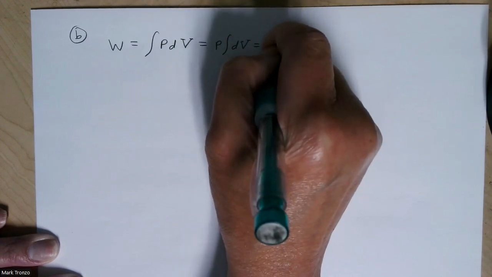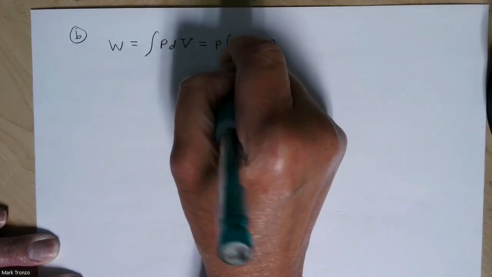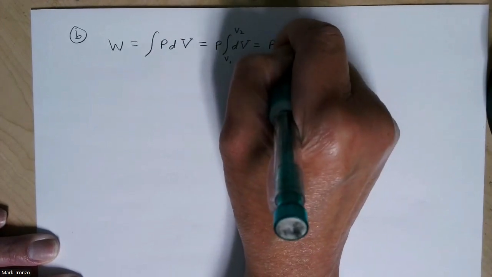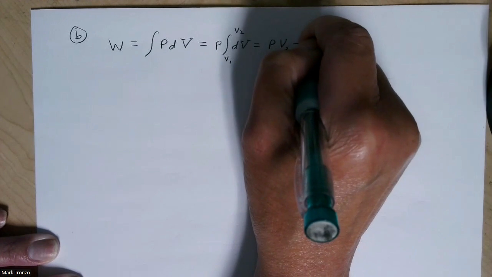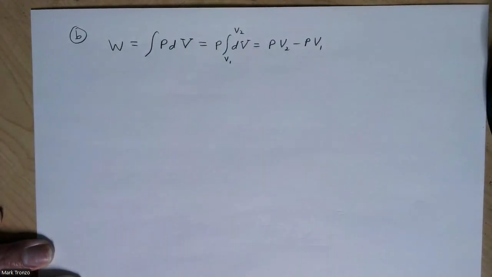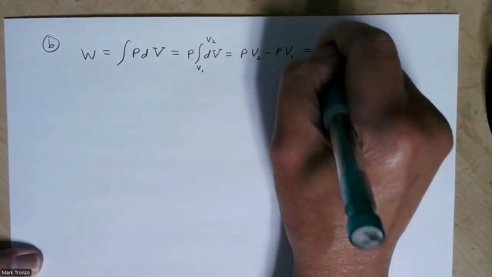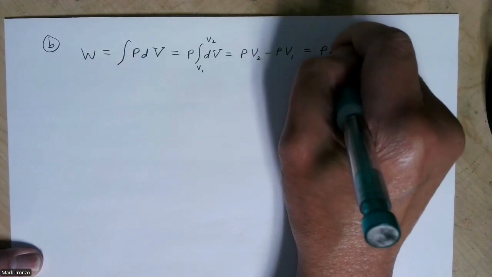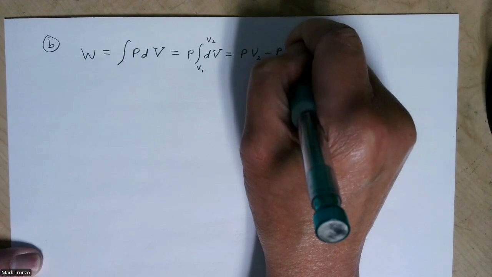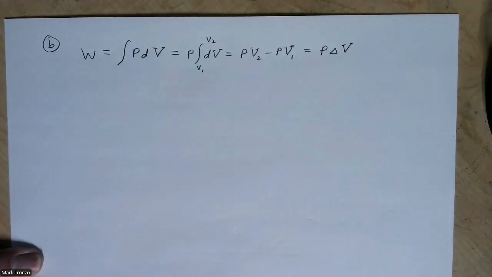And so we integrate, going from V1 to V2, that's going to end up being PV2 minus PV1. Again, the pressure is constant. You can write this also as P delta V, like this.